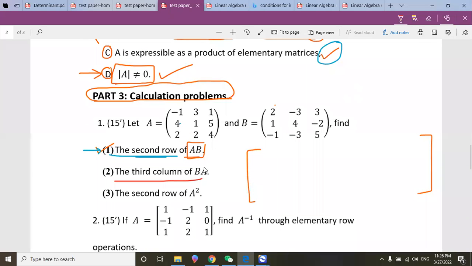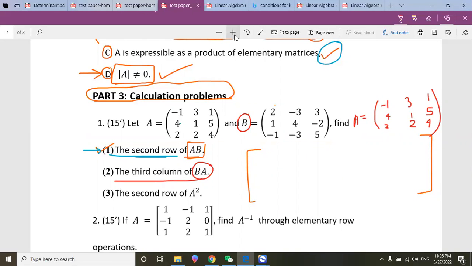You see here, it is B multiply A, right? It is not A multiply B. So you need to write it this way. This is our B, and I'm going to write A on the right side. So it will be minus 1, 3, 1, 4, 1, 5, and then 2, 2, 4.